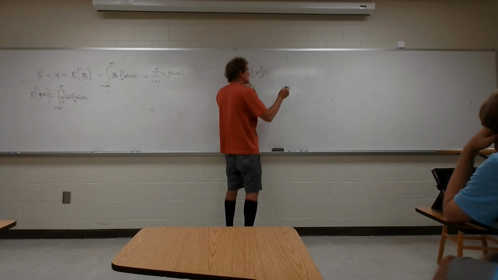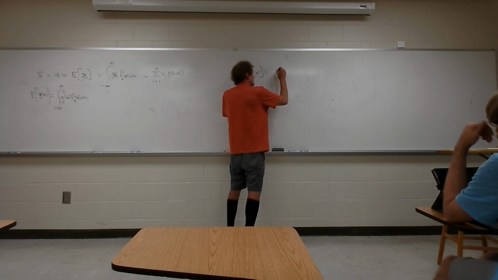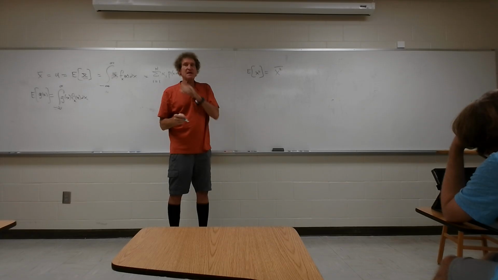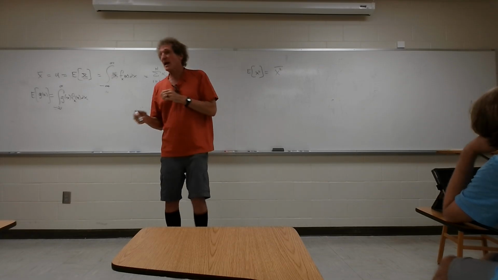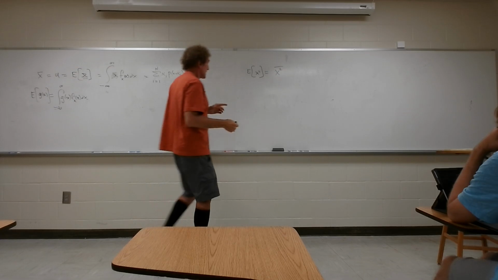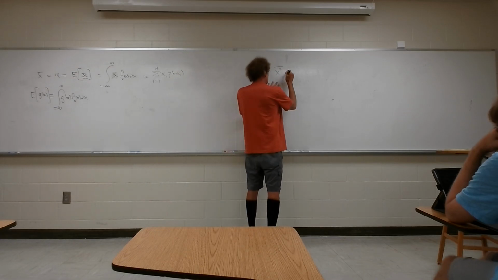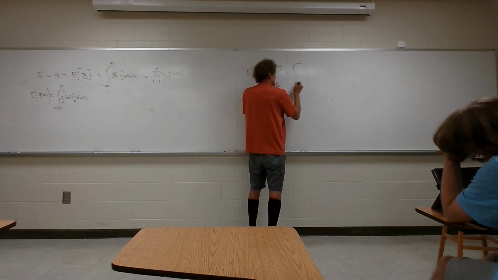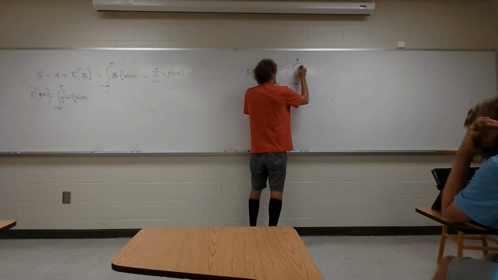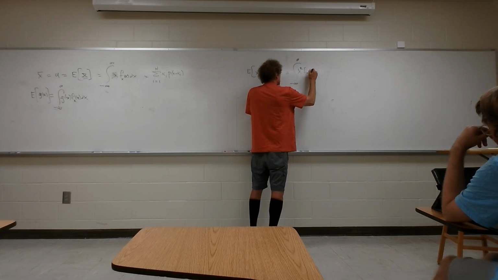This is often symbolized, and you've got to be careful looking, as x squared with a bar over it. Anytime you see a bar over anything, it means the average value of that function. And that, as you might expect, is the integral from minus infinity to infinity of x squared times f of x dx.